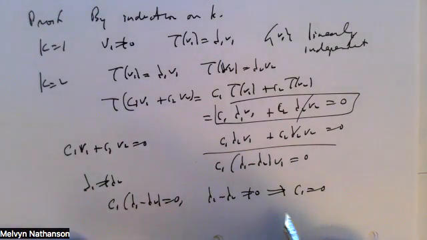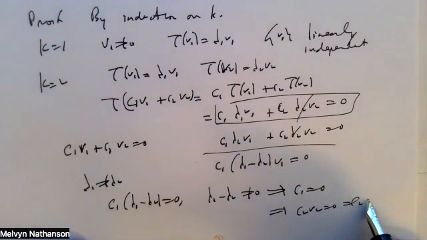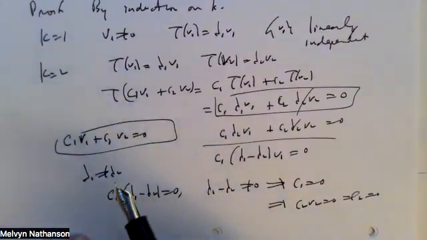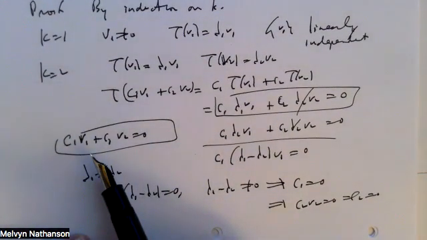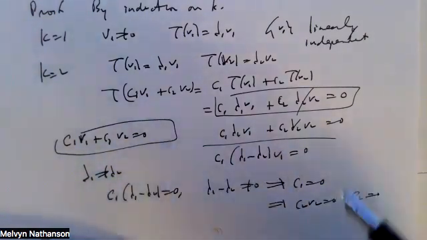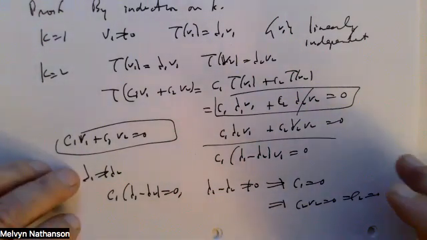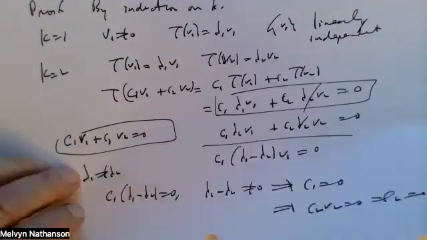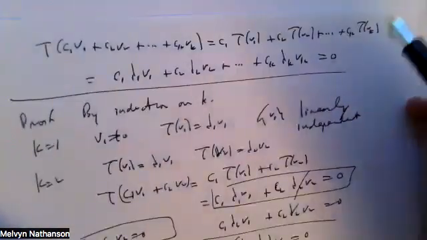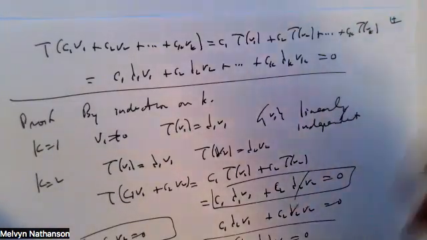And if c1 is 0, then c2v2 is 0, so c2 is 0. So the only time you have a linear combination of eigenvectors with distinct eigenvalues equal to 0 is when it's a trivial linear combination. So that's case 2 for 2 vectors.